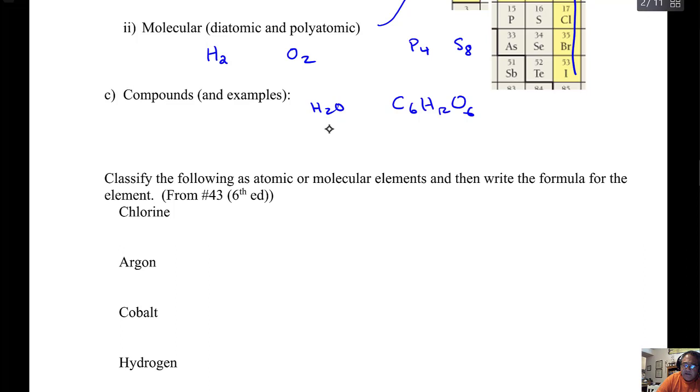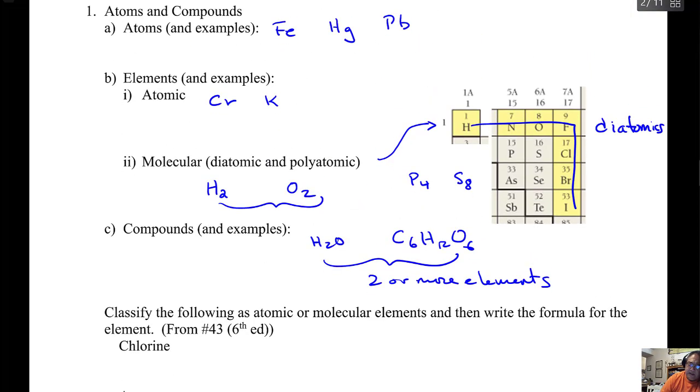These are examples of compounds because they have 2 or more elements. This is one type of element, as are these. Now the diatomics, those you need to memorize. These other polyatomic ones aren't so important. And the atomic elements are everything that is not diatomic or polyatomic.